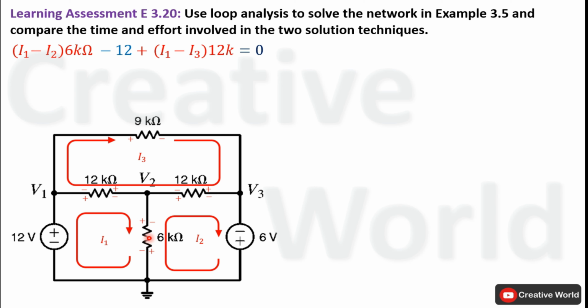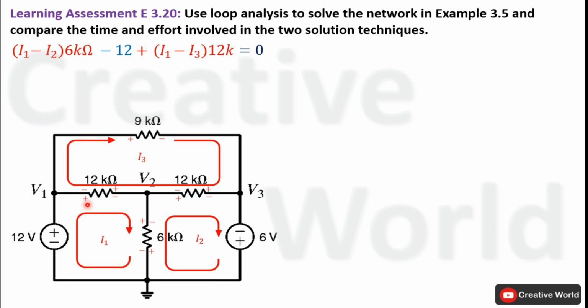So the voltage equation for this 6 kilo ohm resistance will be (I1 minus I2) multiplied by 6 kilo ohm. Next, voltage across this voltage source will be taken with negative sign because current is entering from the negative terminal, minus 12 volt.